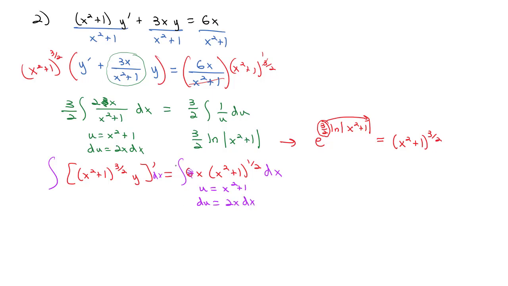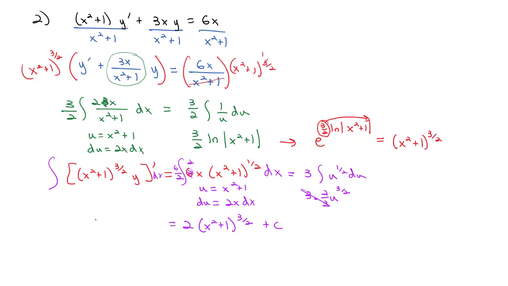So if we pop the 6 out and multiply by 2 and divide by 2, we actually get 3 times the integral of u to the 1/2 du, which means we have u to the 3/2 times 2/3 times 3. 3's reduce out. We end up with 2 times u, which is x squared plus 1 to the 3/2 power, plus our constant.